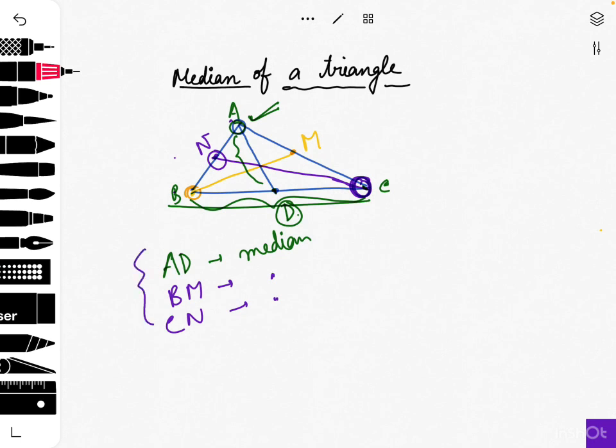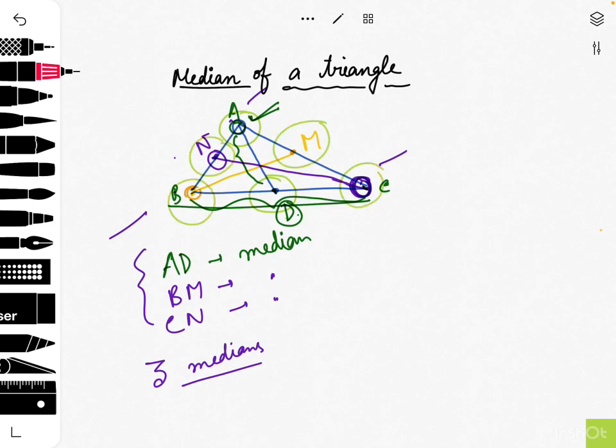So, in total we can draw exactly 3 medians of a triangle, one from each vertex. Let me tell you once again, a median is a line segment which joins the vertex and the midpoint of the opposite side. So, AD, CN and BM, all these are the medians of the triangle.